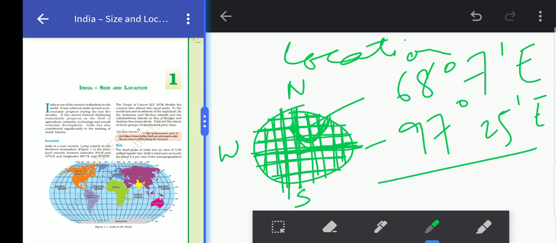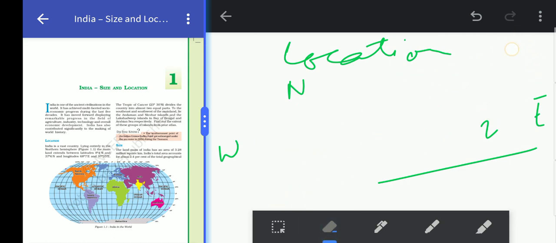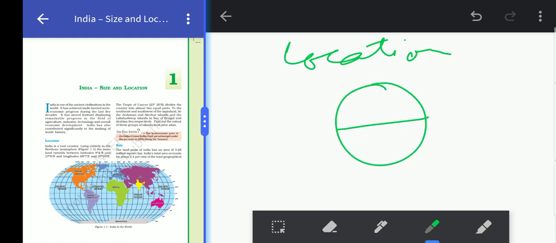Let us go to another way of discussing this. Through India one famous line of latitude passes. Suppose this is the equator, and this is the next line, and this line passes right through India.